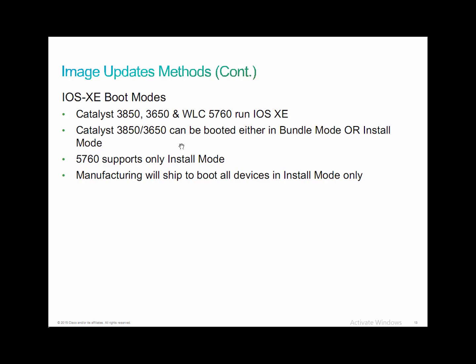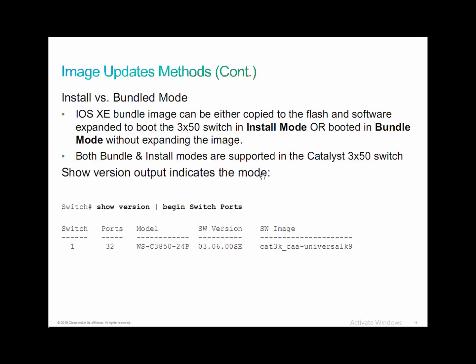Now, I mentioned these two different modes of operation, install mode versus bundle mode. IOS XE bundle images can either be copied to the flash or installed in flash so that we can add additional features to the device itself. Let's talk about bundle mode first.